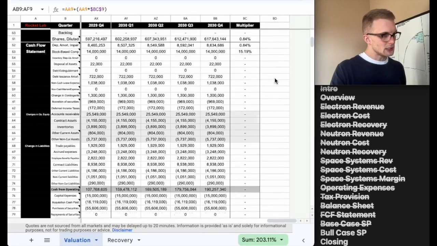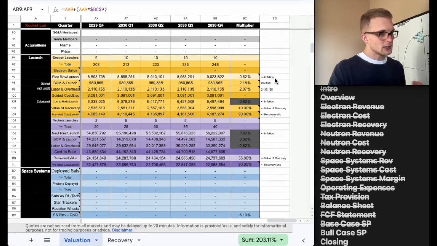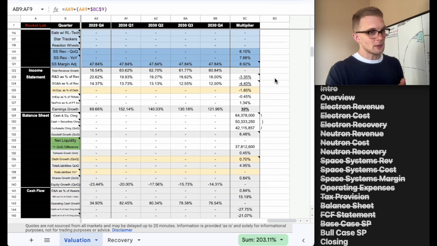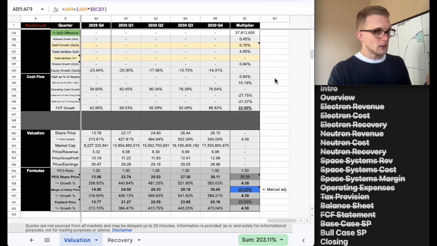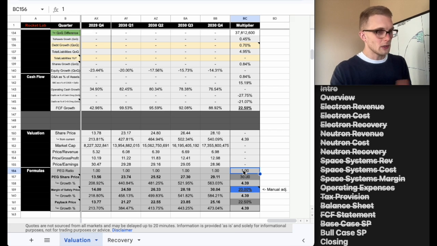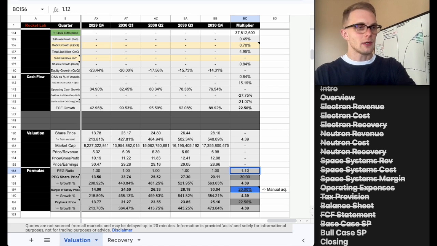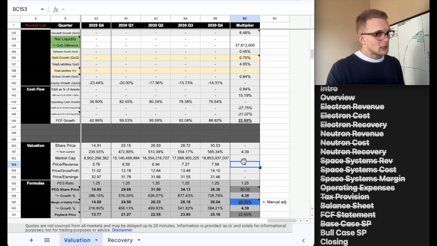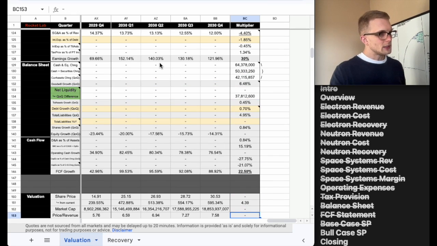We'll also adjust the PEG ratio because, as I said earlier, the market can often be irrational, sometimes against you and sometimes in your favor. So let's pretend for now that the market swings a little bit in your favor. So the PEG ratio is 1.25. And the last thing that we're going to adjust is the earnings growth rate and the free cash flow growth rate.